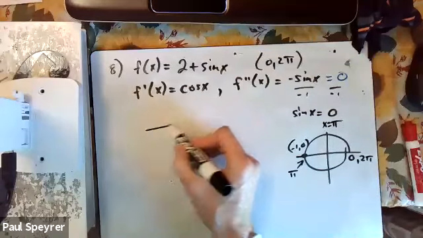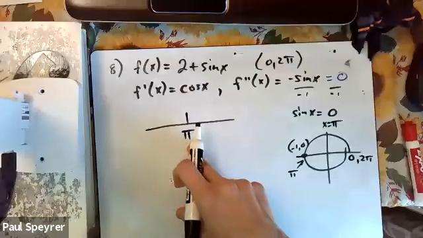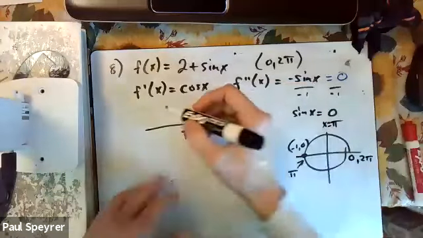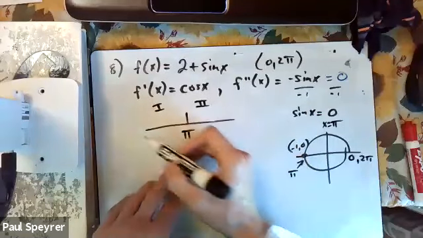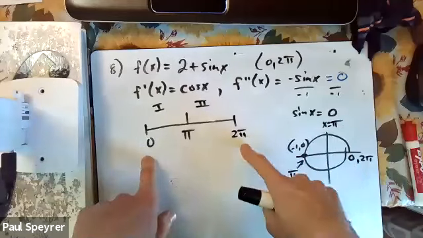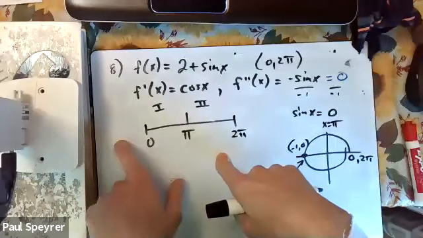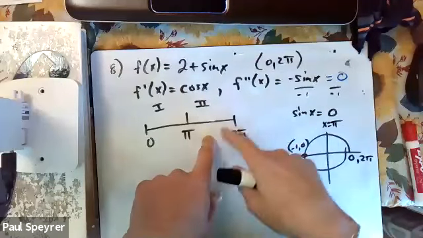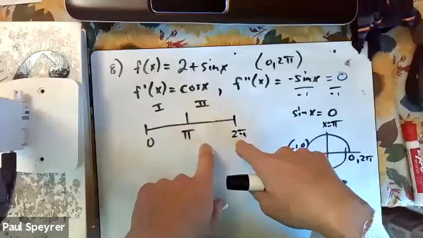So in this case, we have one value, and then we're going to have our two regions again. We need to test, and it's trapped right between 0 and 2 pi. So we can't choose negative values in the first region, or in the second region I can't test something like 10 pi, for example, because that lies beyond 2 pi.